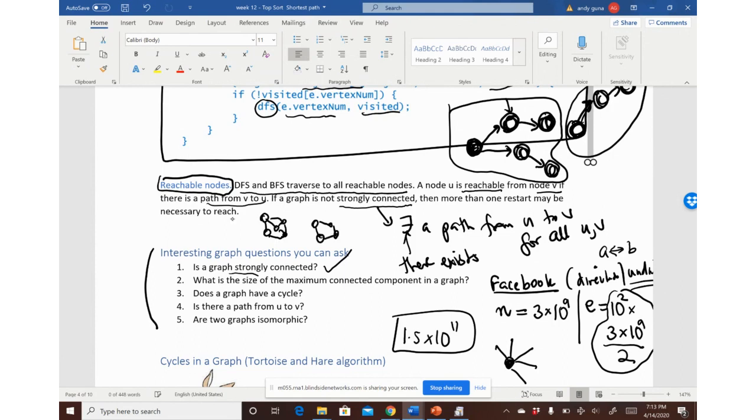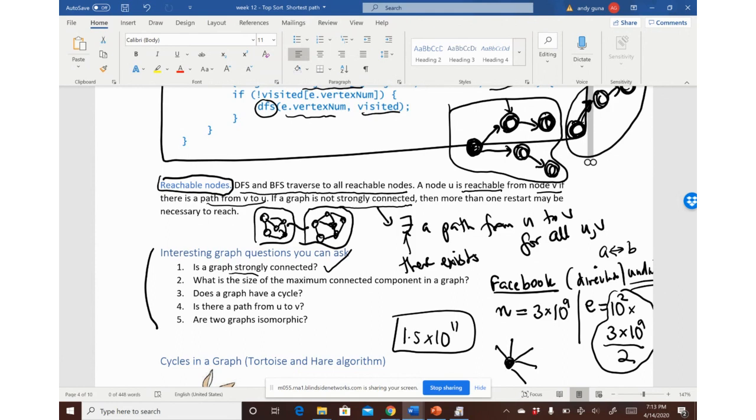For example, you might assume that people at Rutgers are in a clique, and people in other universities are in other cliques. You may find some connection between the Rutgers clique and another clique, because you have friends in other universities. So Facebook is not strongly connected.